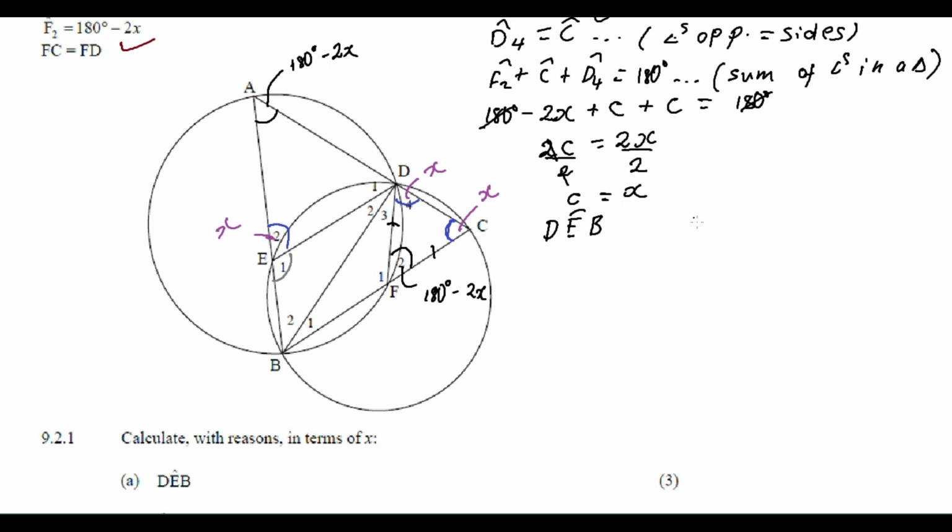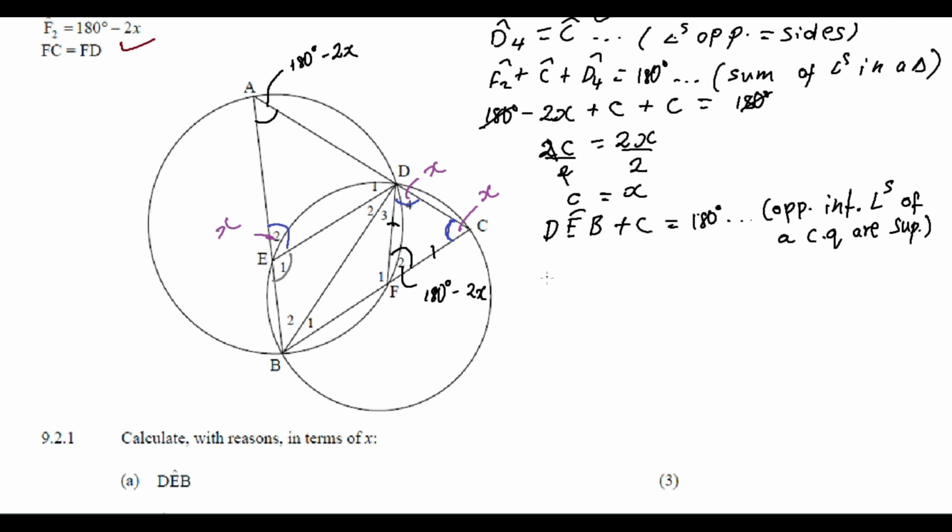We are going to say angle DEB plus angle C is going to be equal to 180 degrees. Your reasoning, you are going to say opposite interior angles of a cyclic quadrilateral are supplementary, right? When we are saying supplementary, we simply mean that they add up to 180 degrees.